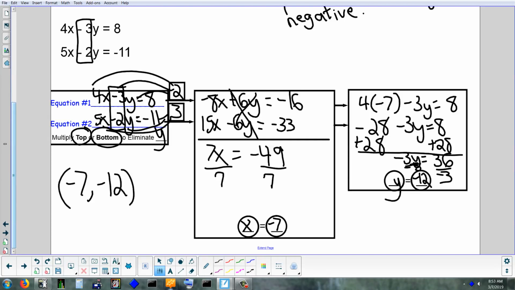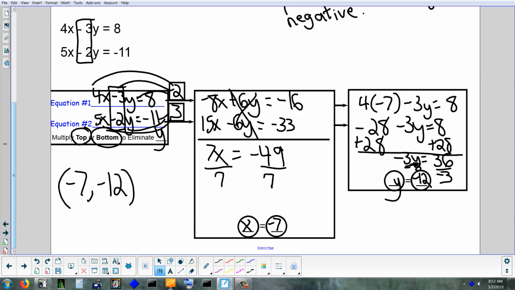Now, if it were me, if it's a multiple choice question, whatever variable I solve for first, whether it be x or y, I would look at my choices. And I would say, okay, whatever ones don't have -7 as the first number in the pair, I cross it out.